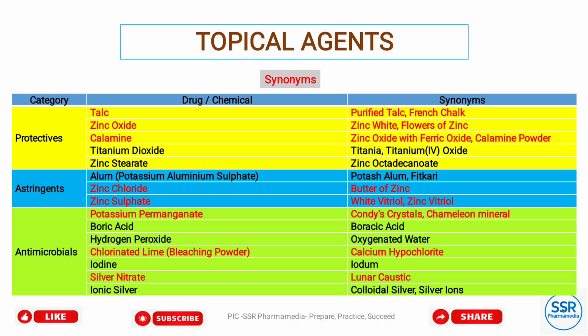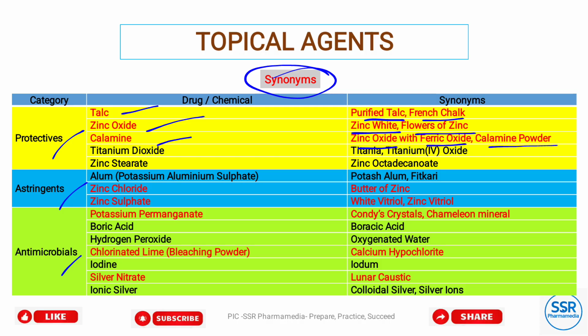Next slide is the synonyms of each category of the compounds. Very important. Talc means purified talc and French chalk. Zinc oxide means zinc white and flowers of zinc. Calamine is zinc oxide with ferric oxide, also calamine powder. Titanium dioxide is titanium 4 oxide.